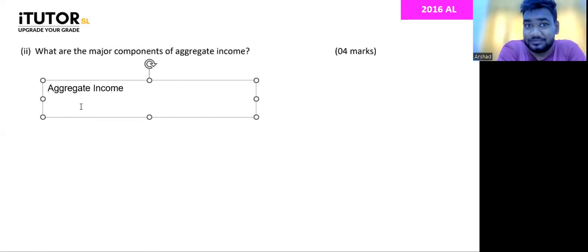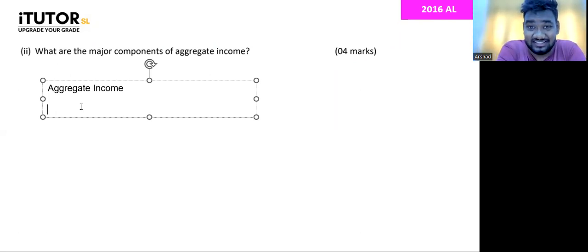Aggregate income. Savings, taxes, imports. Okay, is it only savings, taxes, and imports? Aggregate income consists of what and what and what? Quickly guys, it's a small one. At least open your past paper book, take the answer and send me a message.